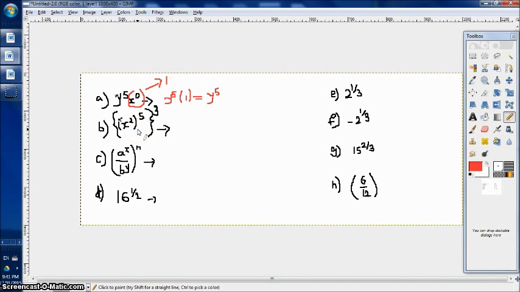So this will result in addition of exponents, 3 plus 2, all over h cubed into x.